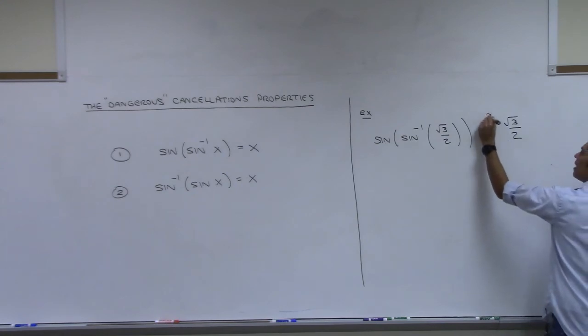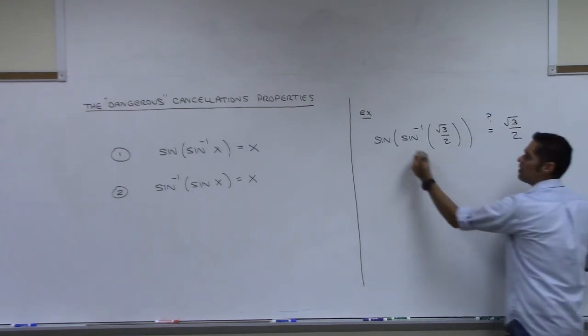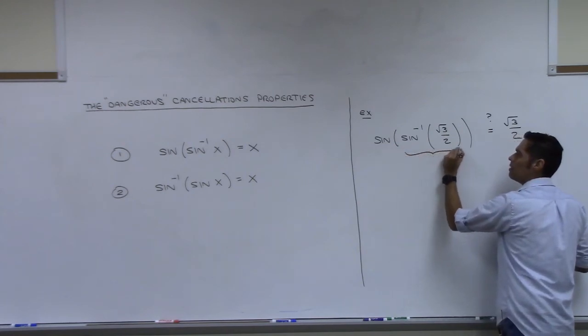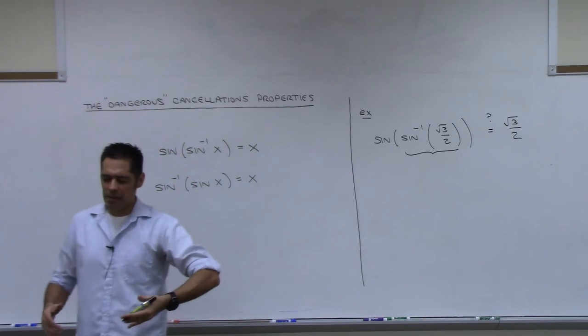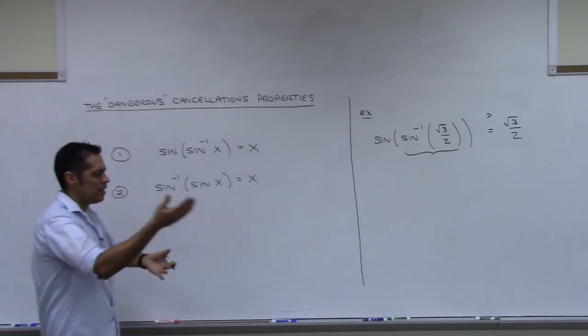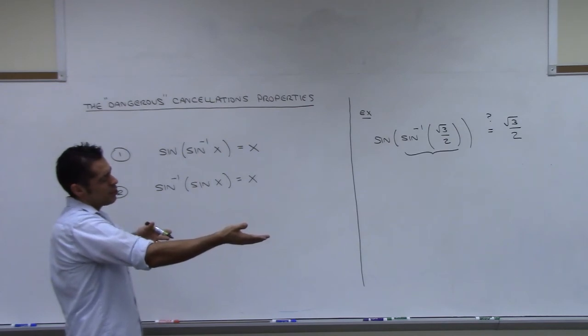All right, I'm going to leave that as a question. Let's see if it really is. So you go through this mental exercise. I'm looking on the unit circle, at the y coordinate.